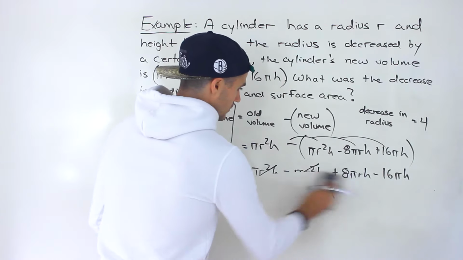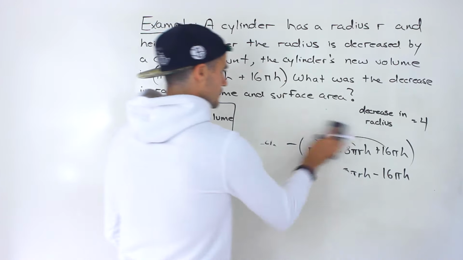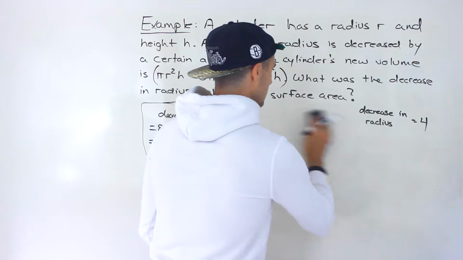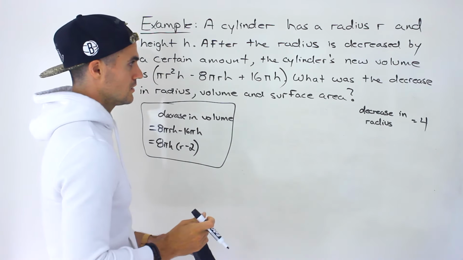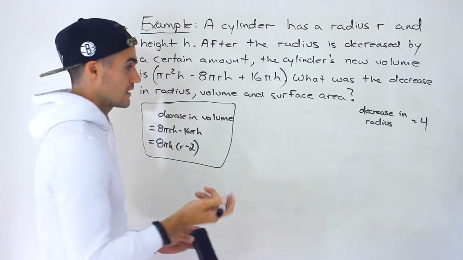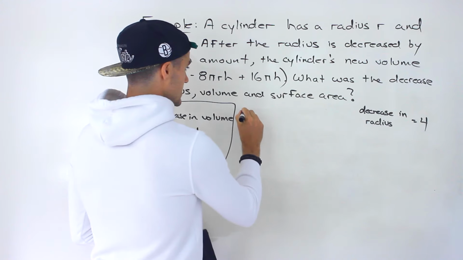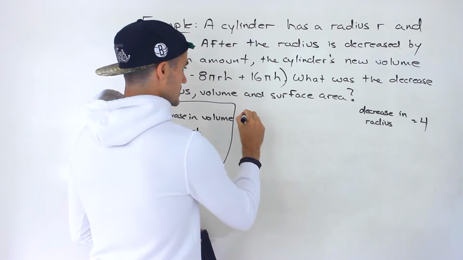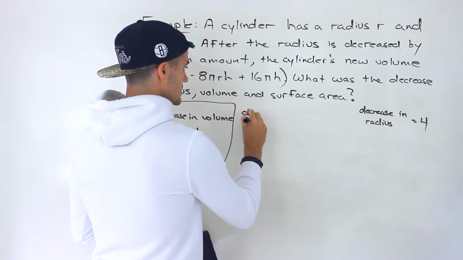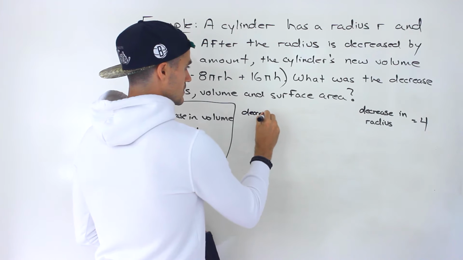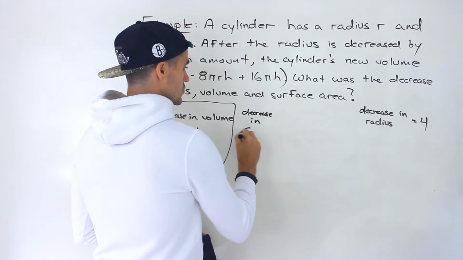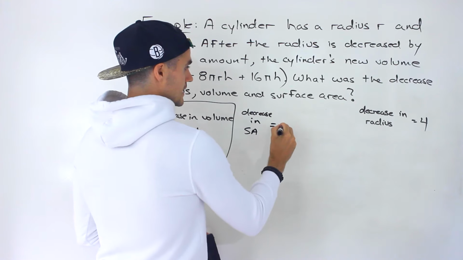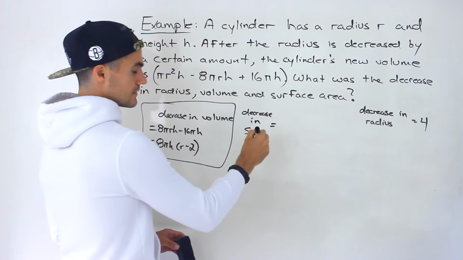Now, the tougher part, it's not too tough. It's just going to be a little bit more algebra. We got to find the decrease in surface area. But the same thing is going to apply. So the decrease in surface area is going to equal what? How do we get the decrease?